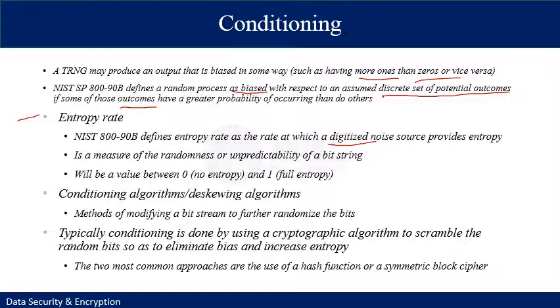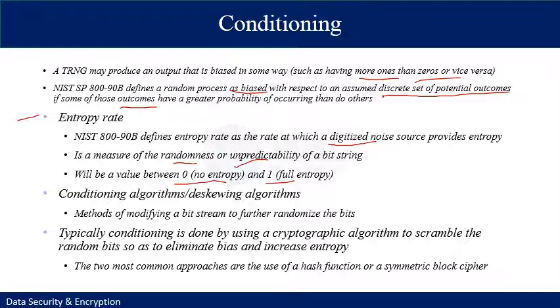It is a measure of the randomness or unpredictability of a bit string, and it has the value of 0 when there is no entropy, that is, no information gain, and 1 with full entropy. So conditioning algorithms or deskewing algorithms are used to enhance this entropy.